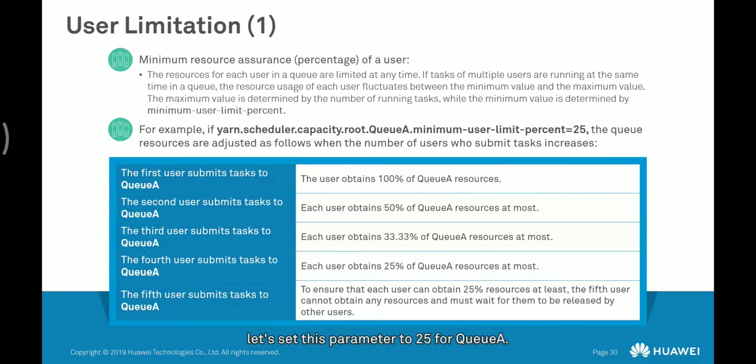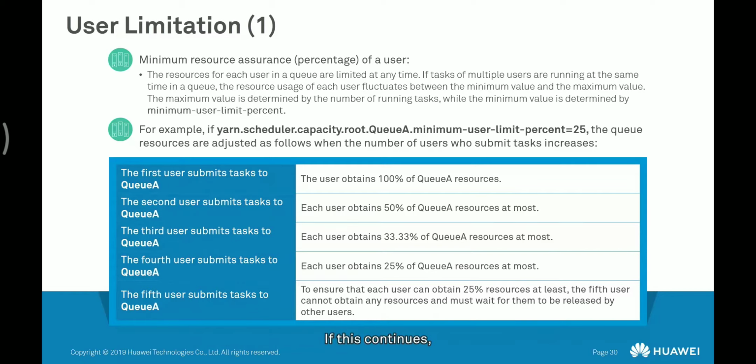For example, let's set this parameter to 25 for QA. Then, when the first user submits jobs to QA, he will obtain 100% of the resources in QA. And then, the second user submits jobs. Each user will obtain 50% of the resources at most, and then 33.3% at most when the third user submits jobs.